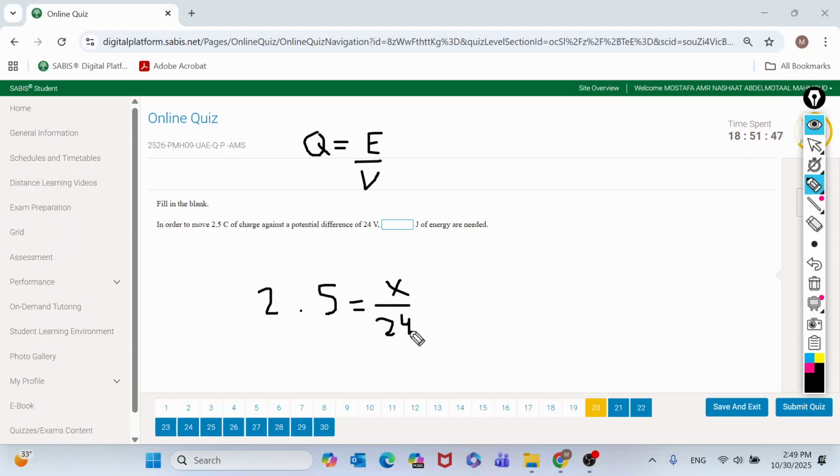Shift solve. You get 60. Equals 60 joules. Again, just applying the formula.